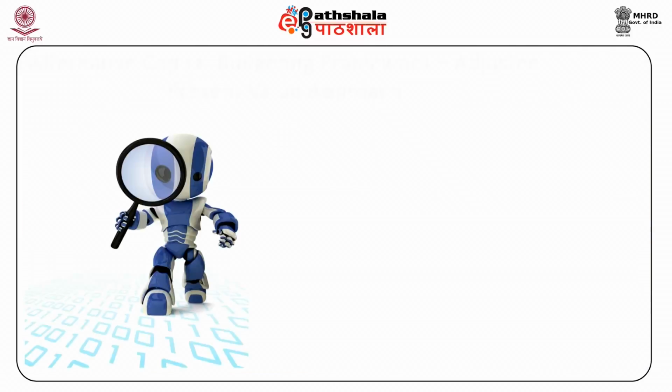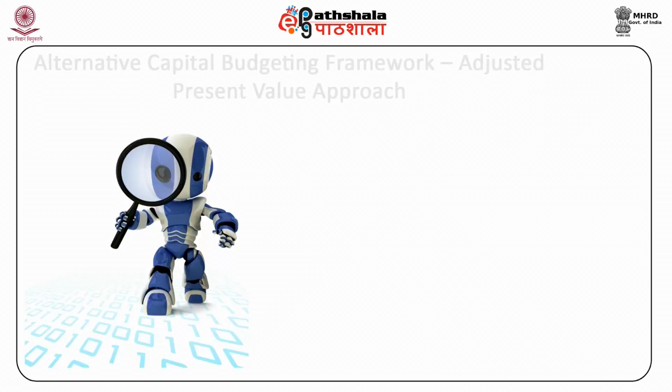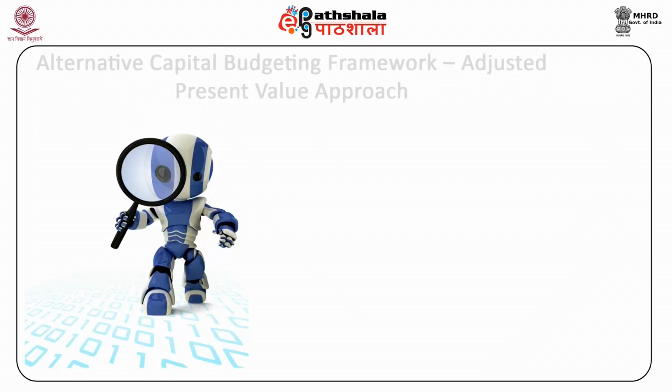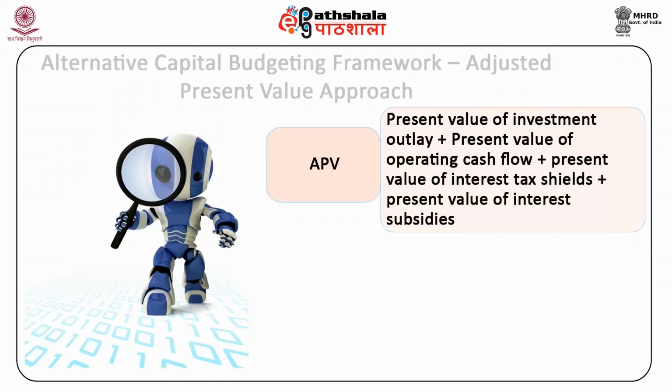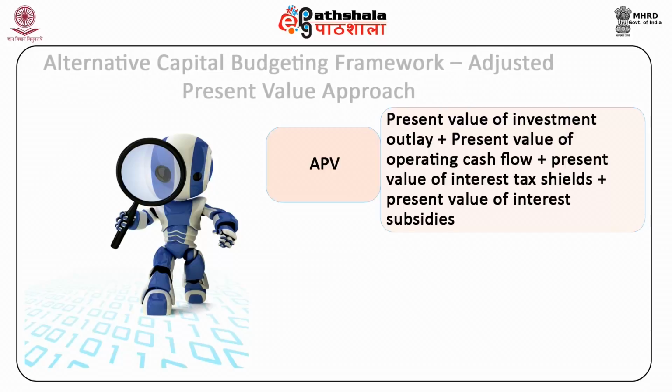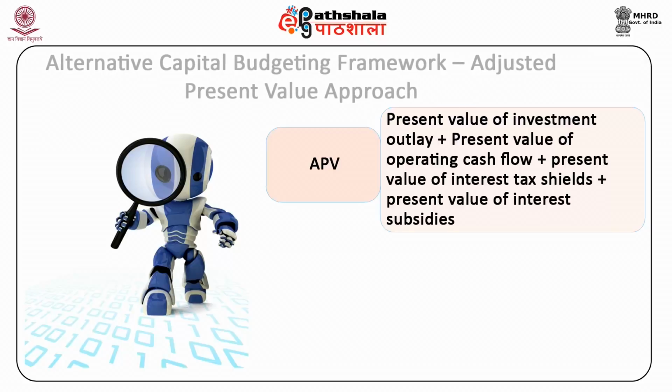The APV method is an additive approach to capital budgeting. In the APV approach, each cash flow is discounted at a rate of discount consistent with the risk inherent in that cash flow, where APV is the present value of investment outlay plus the present value of operating cash flow plus the present value of interest tax shields plus the present value of interest subsidies.